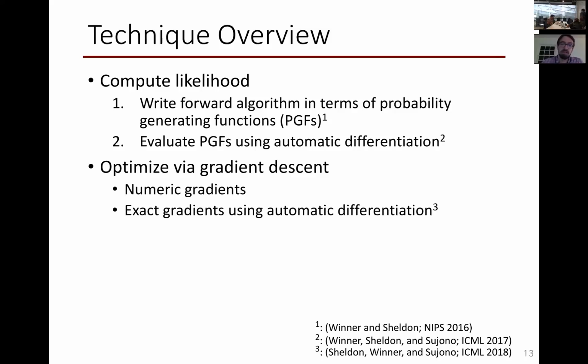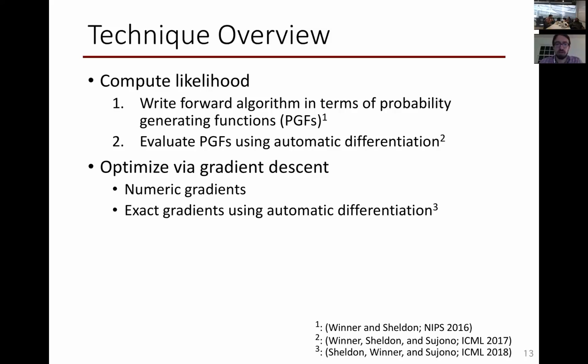If, instead of just doing inference, we were interested in performing learning, there are 2 different methods you could use. The first is the naive approach. We have a function that evaluates the likelihood, so we can optimize that using gradient descent and just use numerical estimation of the gradients. That works pretty well, and we have lots of results doing that.